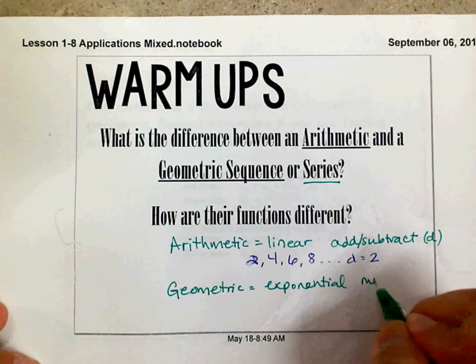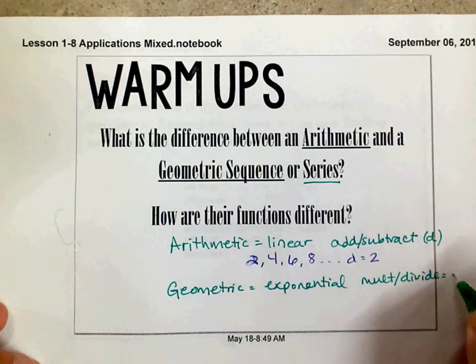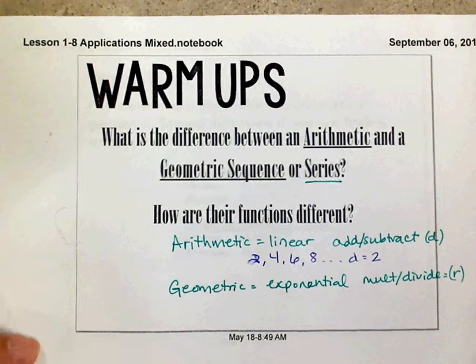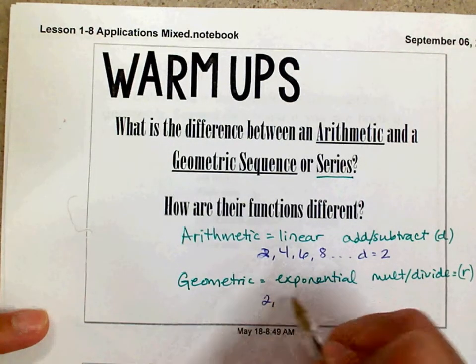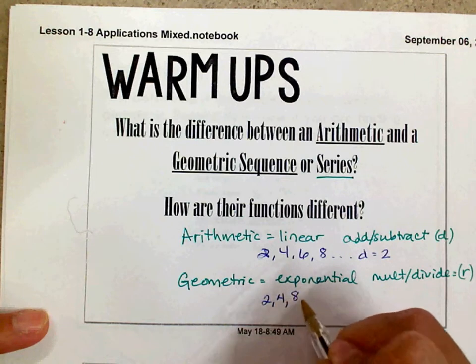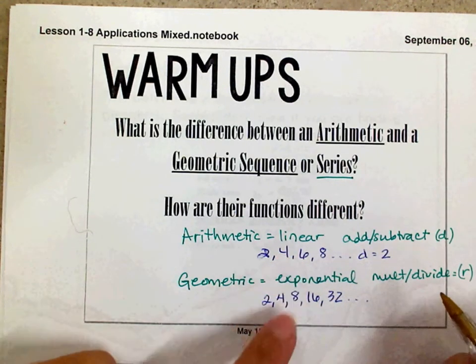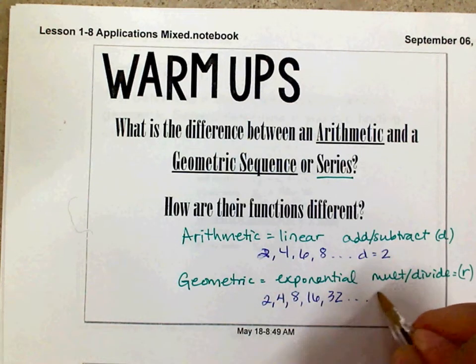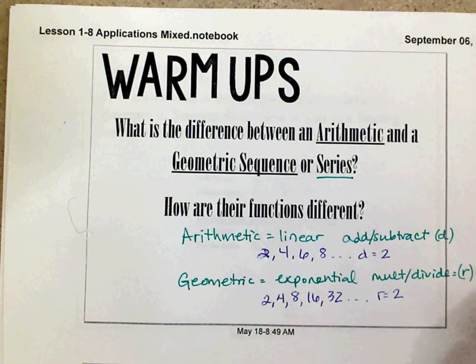And here you will either multiply or divide. And we have that as a common ratio using the letter R. For example, if you start off with 2, your next number will be 4, 8, 16, 32, and so forth. Notice the common ratio here is 2. You're multiplying by 2 every single time.